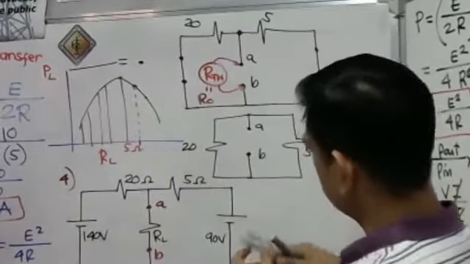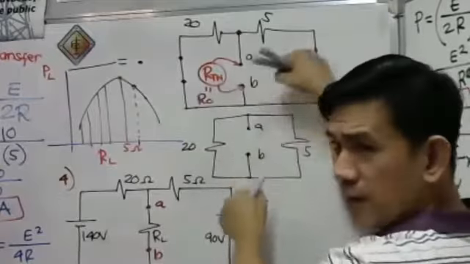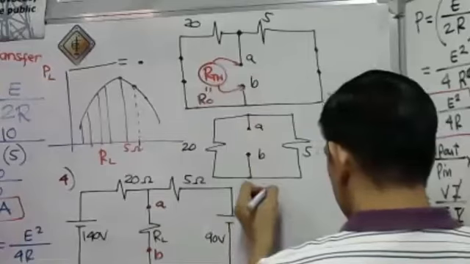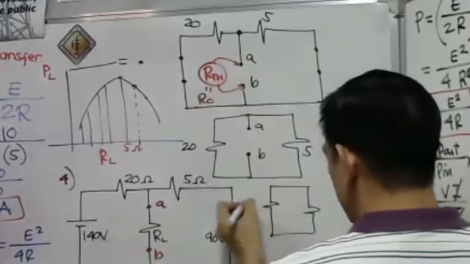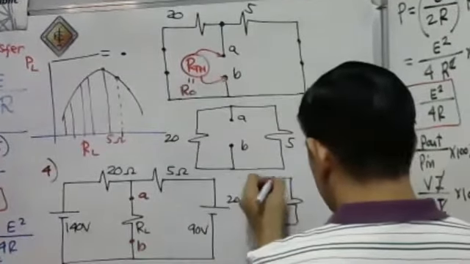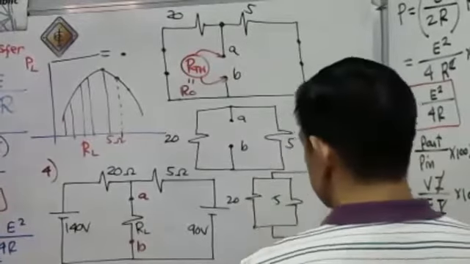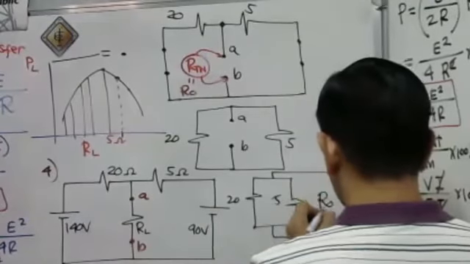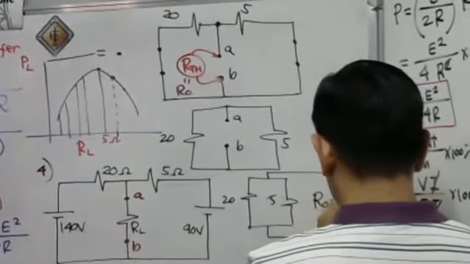Simply, if you stretch this one and shake it out, what will happen? This 20 and 5 will become our R sub O, or our RTH.